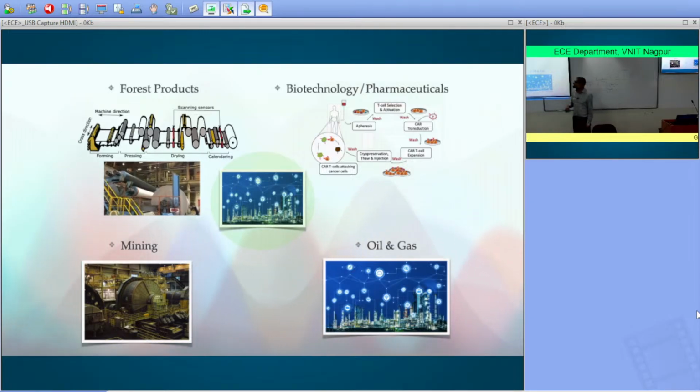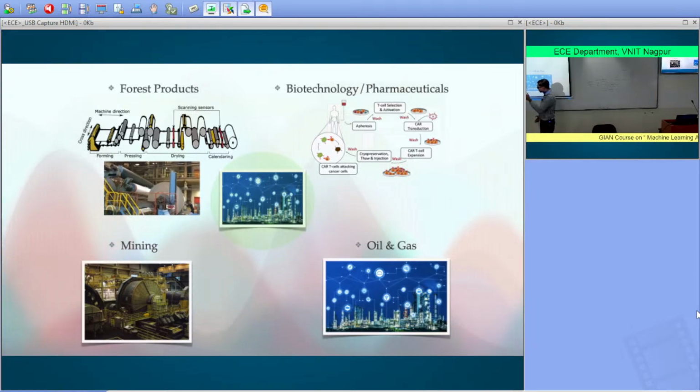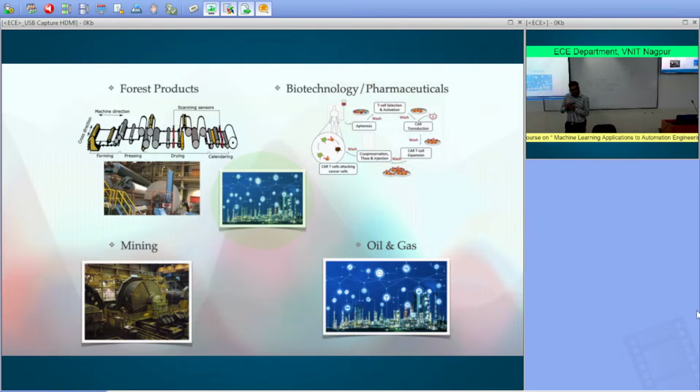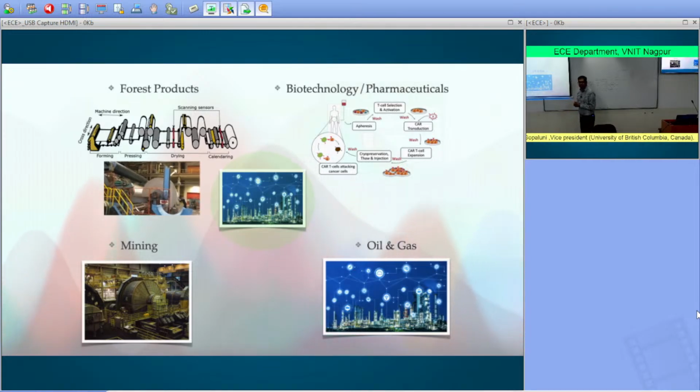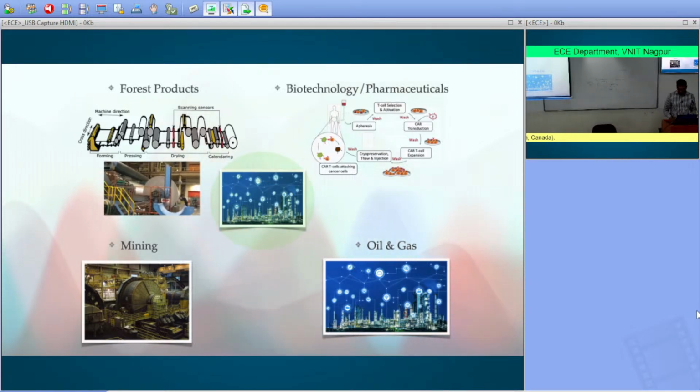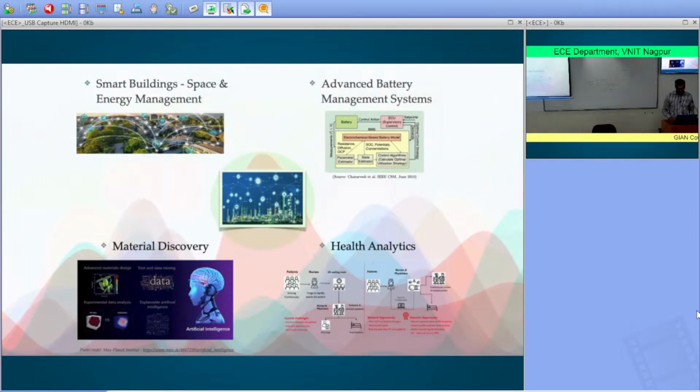That's how fast it's made, and you roll it into your big roll at the end of the paper machine. So we work with different bio products or forest products industries. We work with a variety of mining industries, oil and gas industries, biotechnology, and pharmaceutical industries. Right. So these are some of the industries that we work with in my research group.